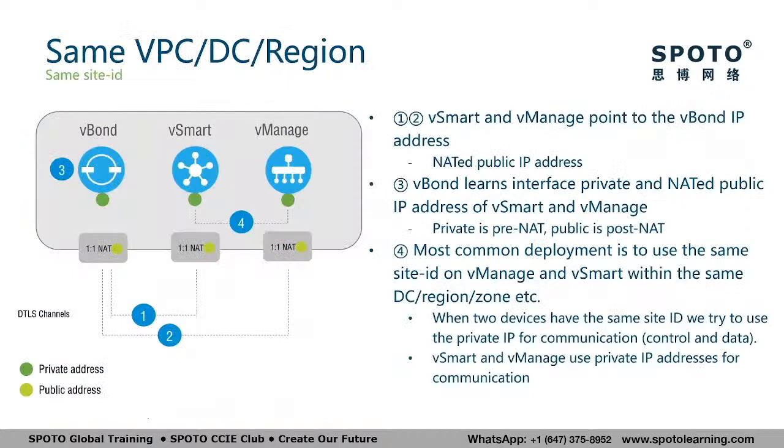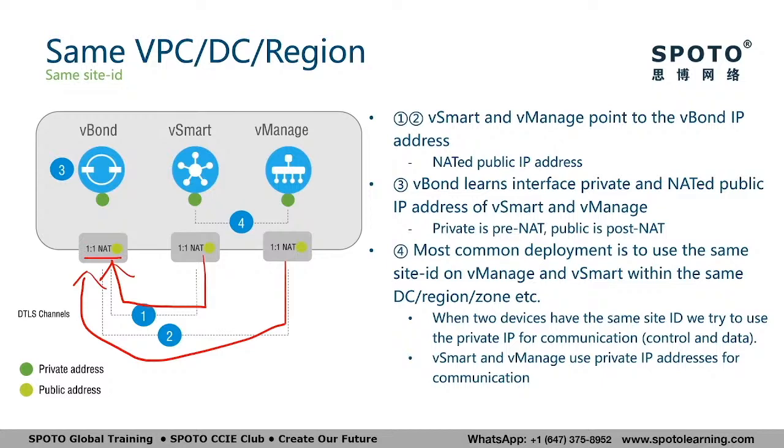For the site ID, vSmart and vManage point to the vBound IP address, like the diagram. These two, they would always point to vBound, the NATed public IP address. Then vBound, it's NAT over here.